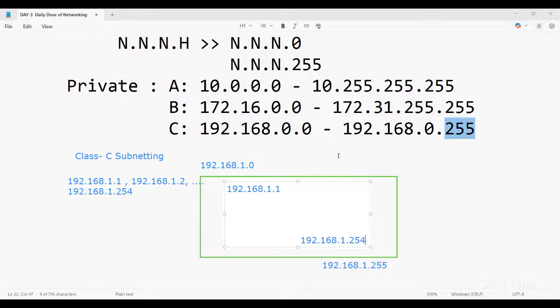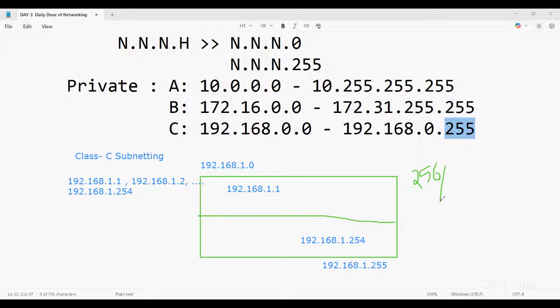Now what you are trying to do is divide this network into two halves. You can imagine a horizontal or vertical line, anything. I have to divide this network in such a way that it has equal halves. The total IPs were 256.